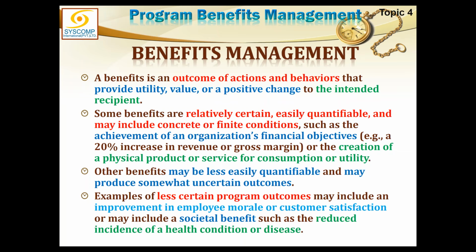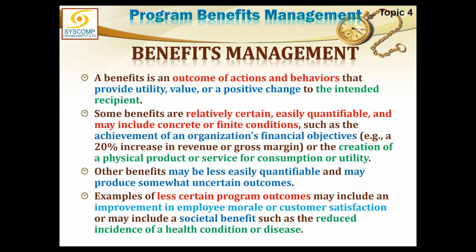Some benefits are relatively certain, easily quantifiable, and may include concrete or finite conditions, such as achievement of an organization's financial objective. Like you can define that you want to increase the revenue or gross margin by this much percent. So what you have done is you have quantified it. But because of the high level of uncertainty in programs, quantifying and making it measurable might be a bit difficult.